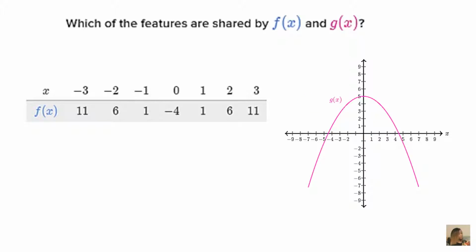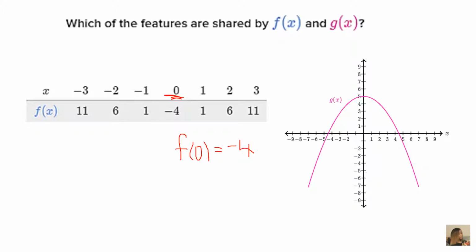Now let's check the y-intercepts. You get the y-intercept by plugging 0 into either function. So 0 is the x value that we're plugging in. When we plug 0 into f of x, so f of 0, the function f is going to yield a value of -4.